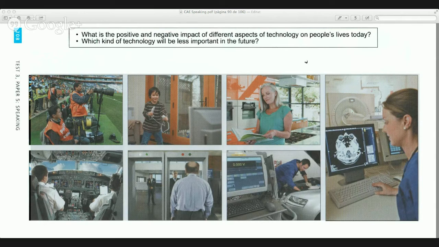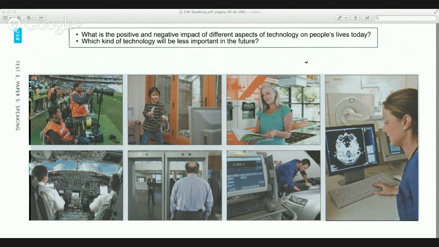So I think the most negative impact is that it separates people from talking to each other. So what do you think about this negative point that I mentioned? I agree with you, but also we can see in the pictures that technology can have a positive aspect by improving security. So it can make us more safe. For example, in the plane or in the buildings, the control makes us feel more secure.